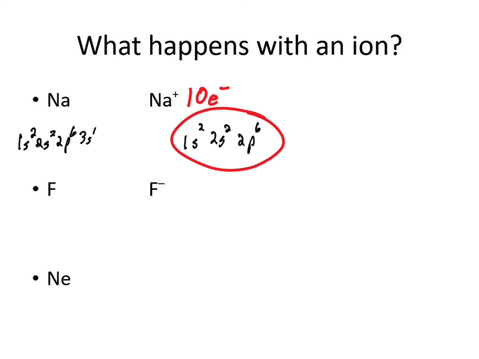Okay? Now, in the same way, if I give you an electron configuration and don't tell you the element, like if I gave you this electron configuration, it actually looks like what element? Neon. It looks like neon.